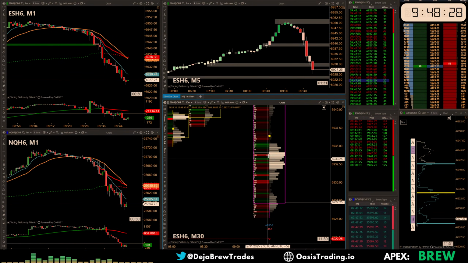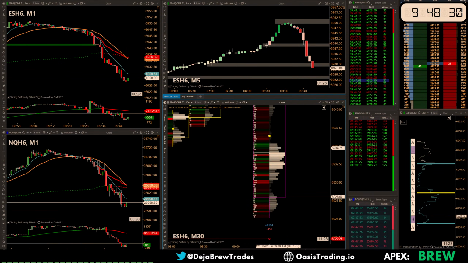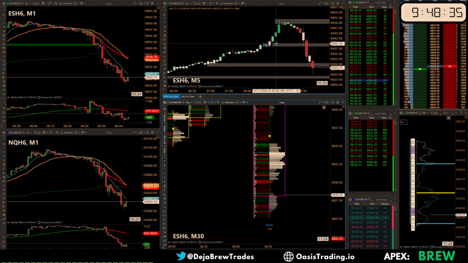If we backtest this node, pay attention to how it reacts. It might rotate it, it might instantly reject.